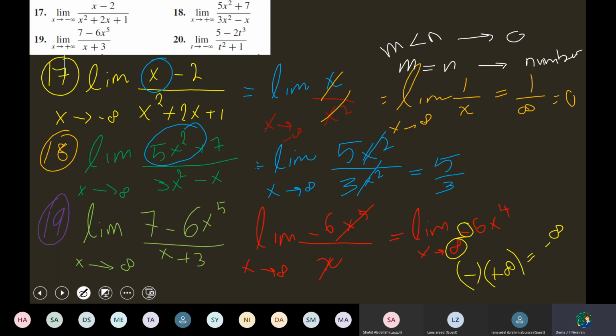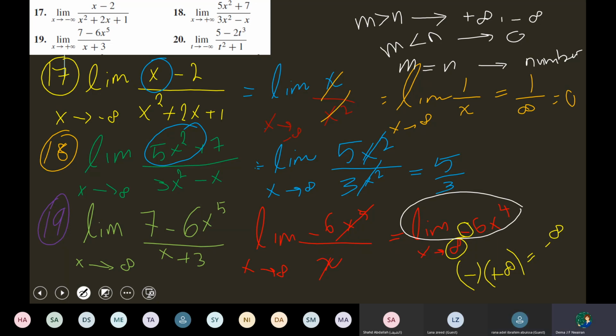This number is the coefficient a of ax over the coefficient b of bx, or bx squared as an example. And in number 19 here, we have m greater than n. After I simplify it, I will have x raised to n. So the answer could be positive infinity or negative infinity according to the question. Is it clear now?